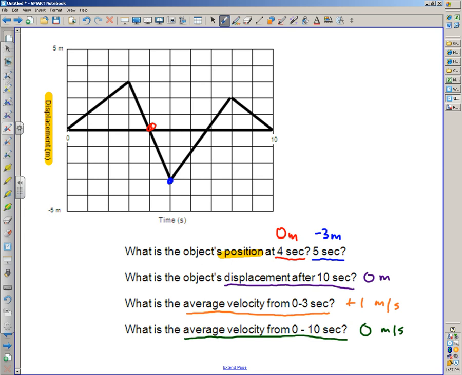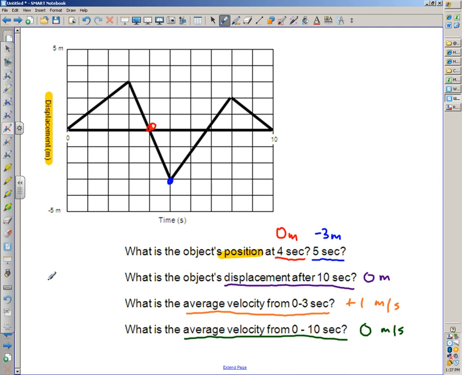It's below the x-axis, meaning it's important that we use the negative to represent direction. In reality, it's the other way from where it started, behind where it started, or in the negative direction from where it started.